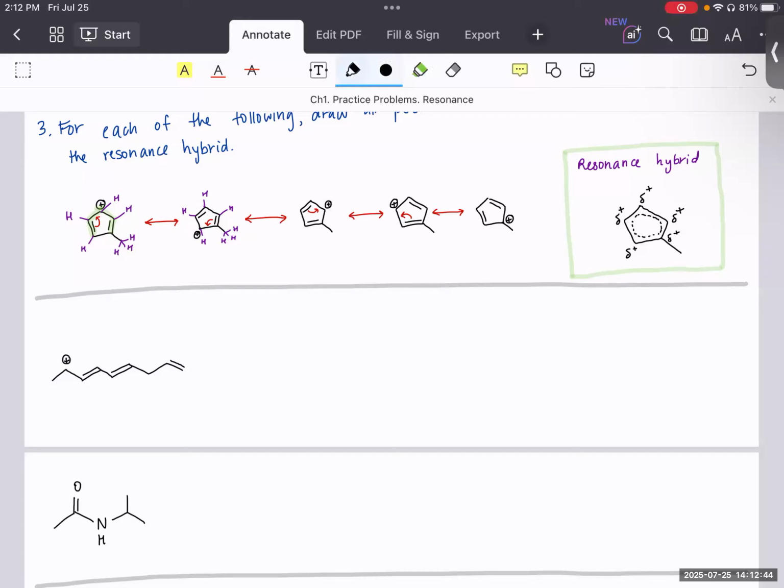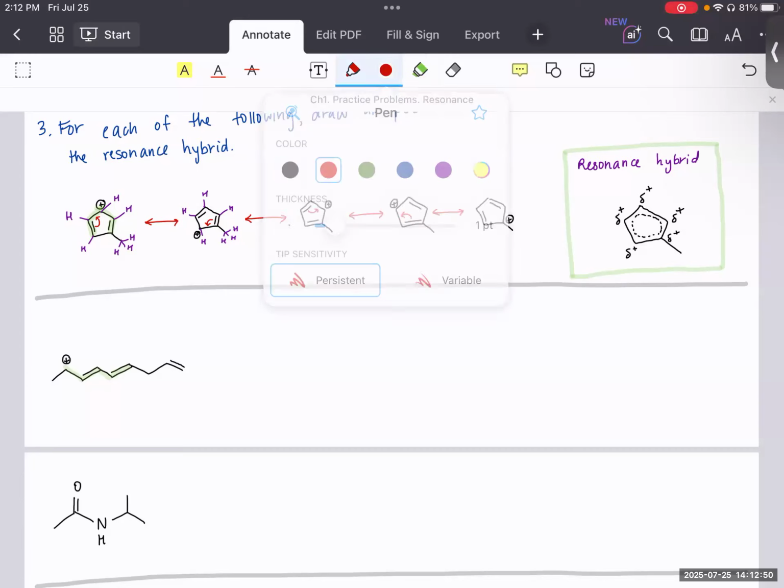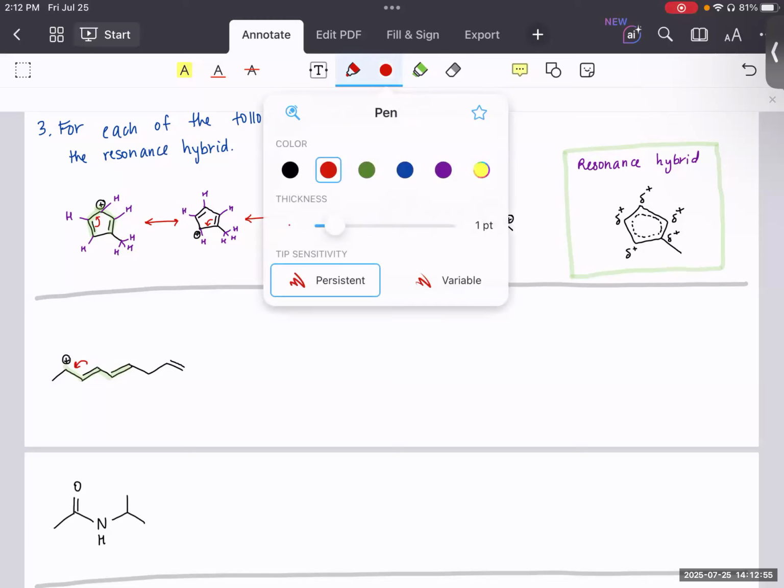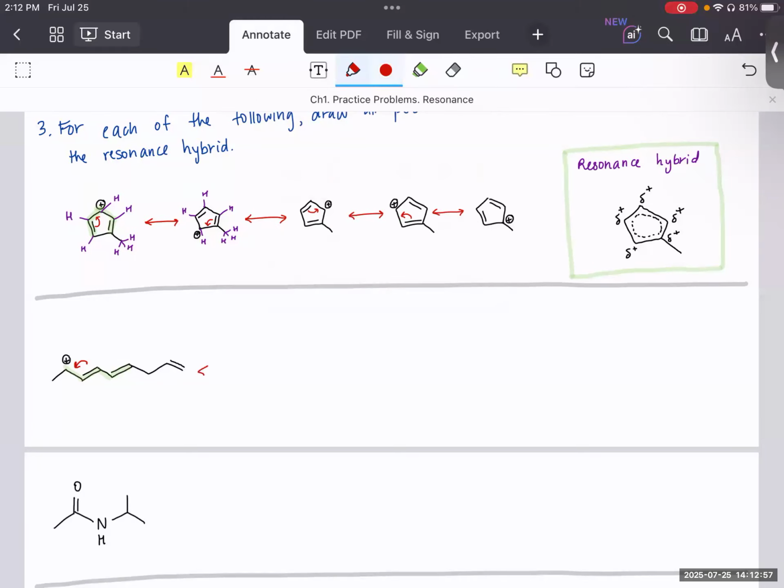All right, so we will actually see this in this next one. So here we have just these here. And so here we can show the movement of the first bond over here. Then we can show that next jump over.